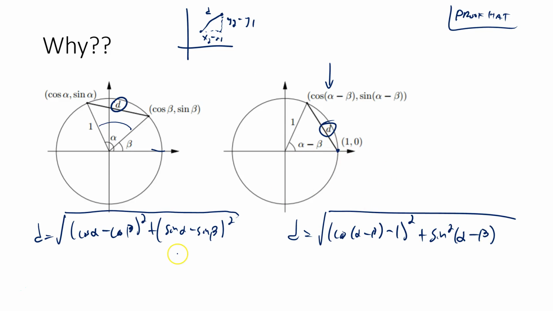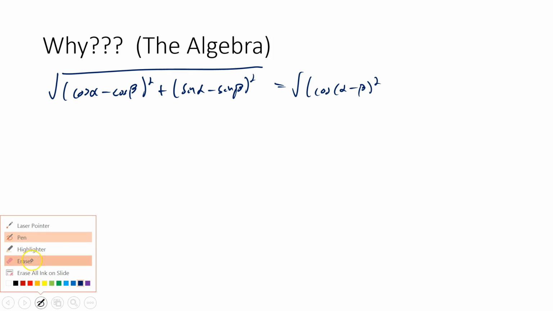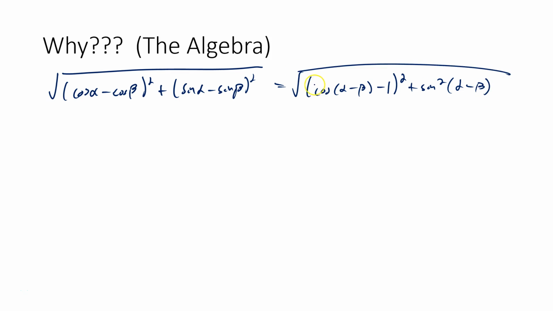That same distance is the square root of cosine alpha minus beta, not squared quite yet, minus 1 squared plus sine squared of alpha minus beta. I'm using a different pen today, and I have to keep changing it to an eraser. I'm sorry about that. Our goal is to solve for this cosine alpha minus beta. We'll see how it works out.